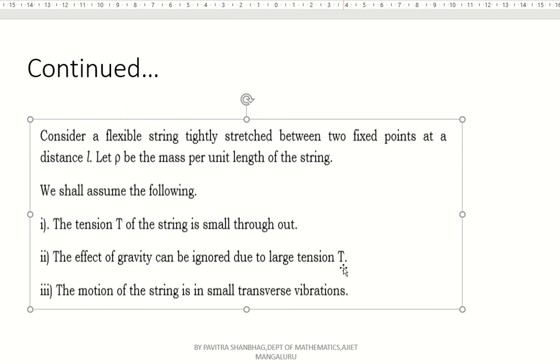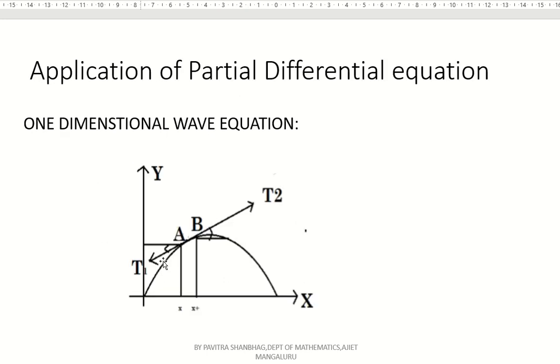See, we are neglecting the gravitational force because of the large tension T. Now the motion of the string is in small transverse vibration. That means what? Suppose you release a string, then what happens? It will move vertically, right? Just consider one example, like a pen spring.